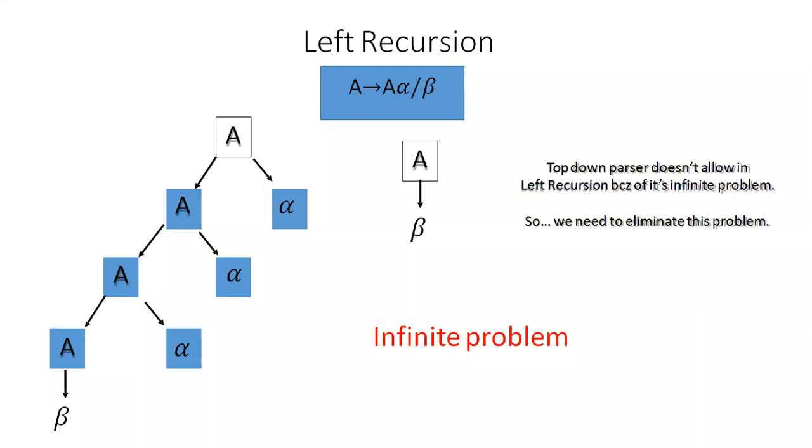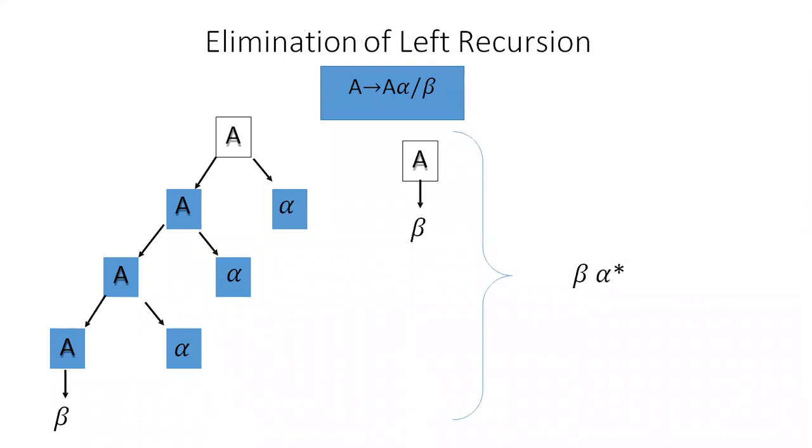To eliminate the left recursion, we need to modify the given grammar. How to modify the given grammar? See, we have the syntax of this. Alpha alpha alpha alpha. Finally it derives an input sentence like beta alpha star. Why? Because A is giving two rules, A tends to A alpha or beta, and somewhere I need to end the loop, so I use beta, but the expansion of A continues like this.